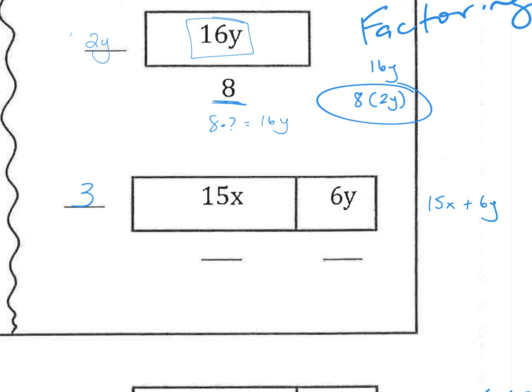From there, I just divide, right? 15 divided by 3 is 5, but I still need my x, so I make it 5x. 6 divided by 3 is 2, but I still need my y, so I make it 2y. So if we started with 15x plus 6y, when we factor, we end up with 3 times (5x plus 2y). So you're essentially working backwards in the distributive property problem.